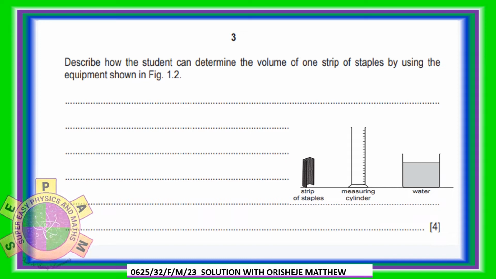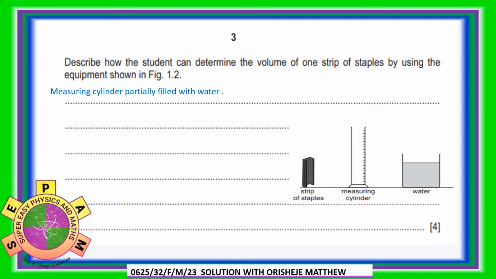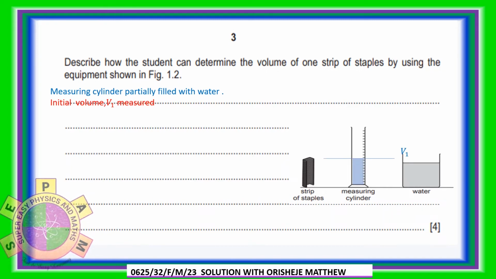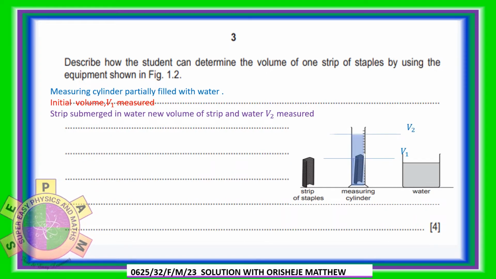So what the student needs to do is simple. He pours water into the measuring cylinder to partially fill to a level. Take note of the level of the water and record it as V1. Then submerge the staples inside the measuring cylinder, and the volume rises to V2.